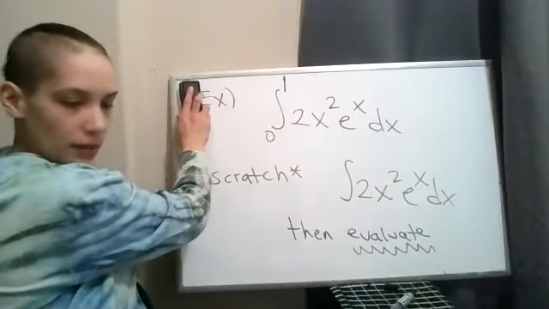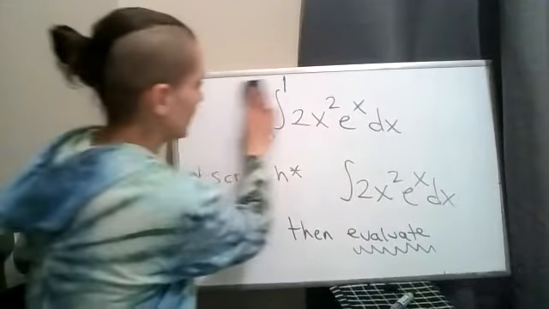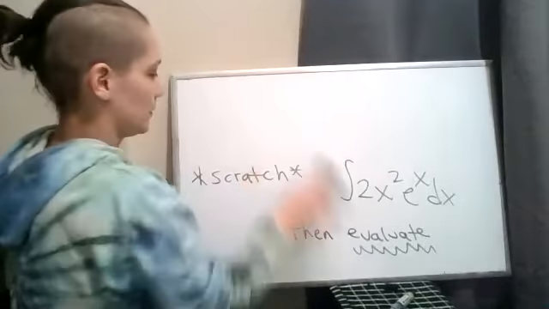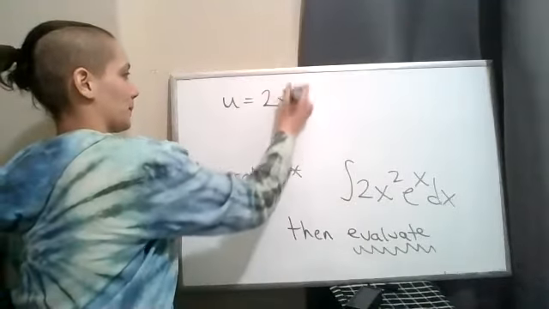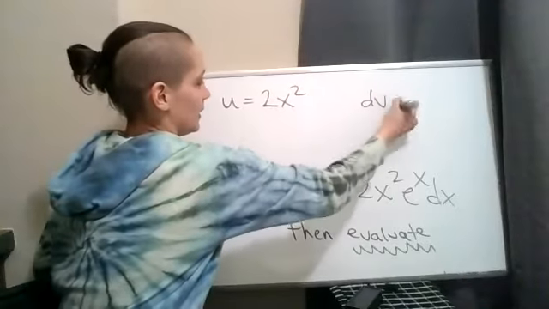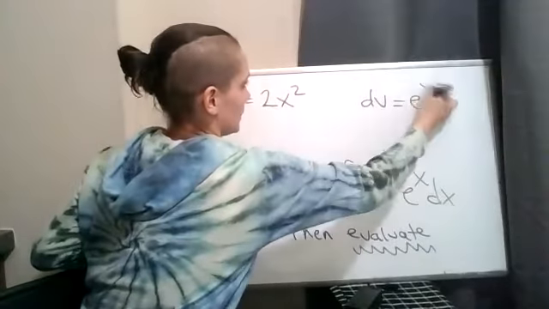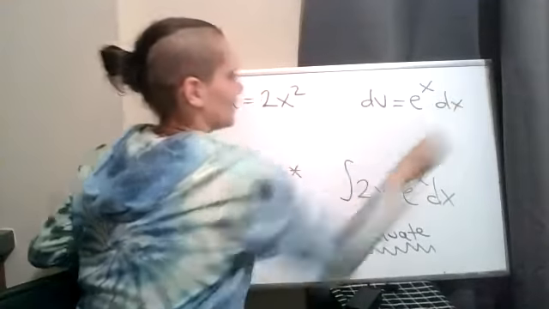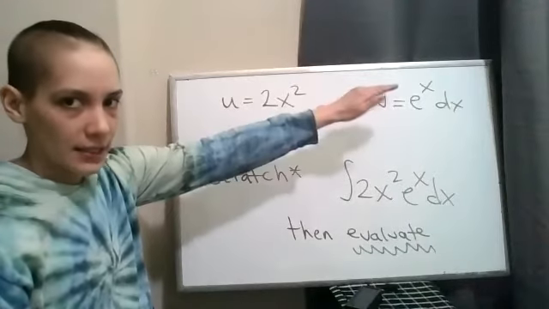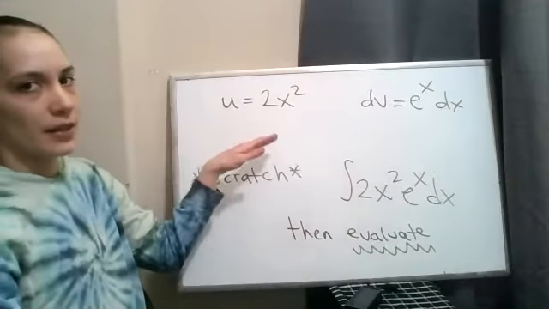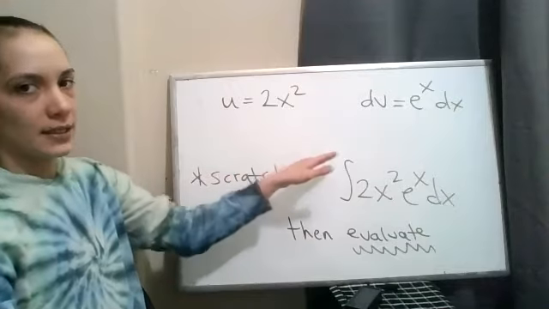So let's see, u equals 2x squared. dv is e to the x. This side's the derivative, that side's an integral. So here you have du equals 4x dx.